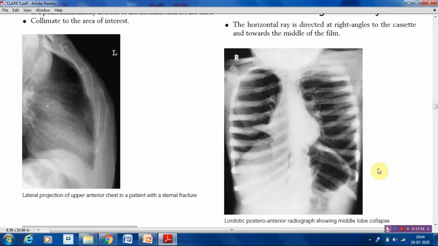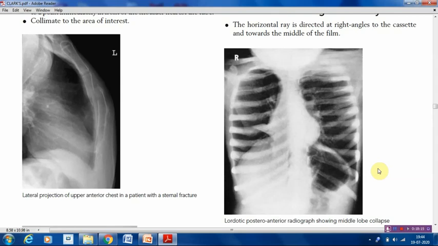Next comes patient positioning: standing, lying down, where the hands should be kept, all those parts. Next comes part positioning, which means parallel or perpendicular, sagittal line parallel or perpendicular.